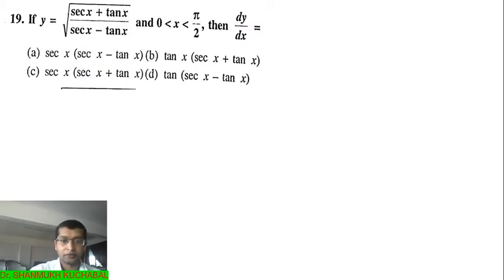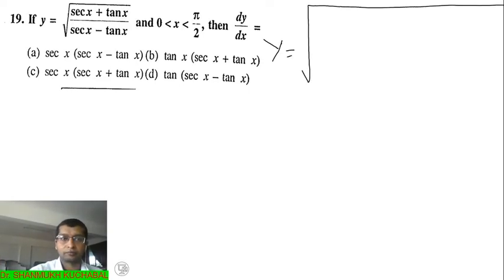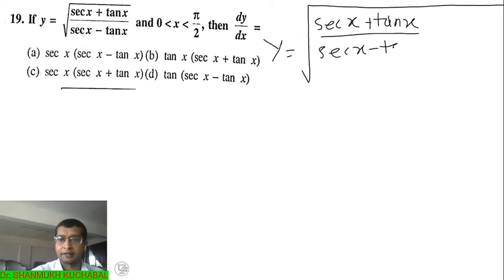So first, example number 19: y equal to under the square root of sec x plus tan x divided by sec x minus tan x.